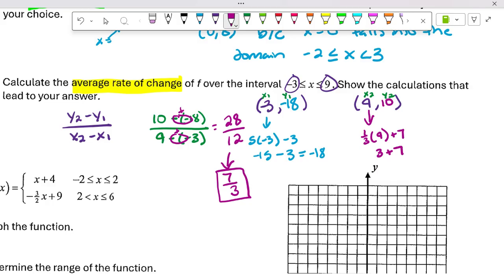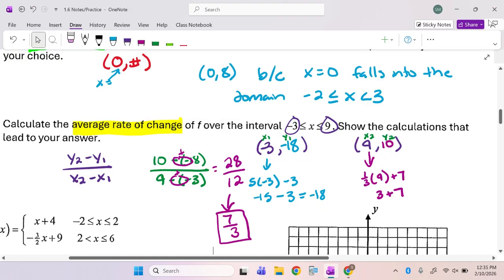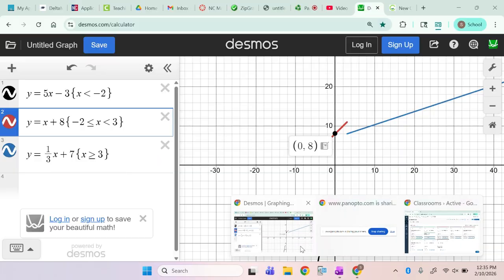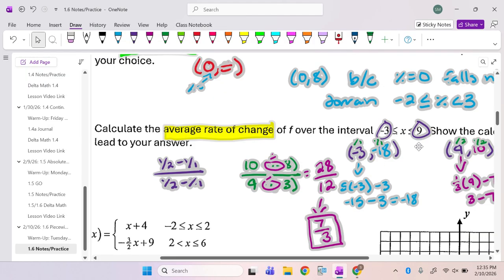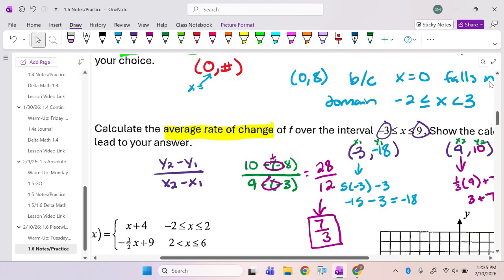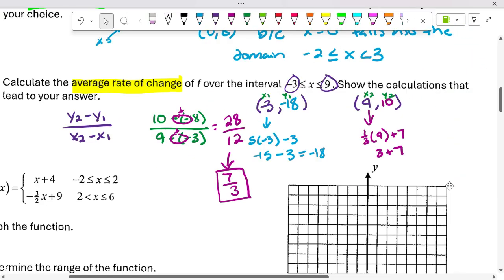Here's the easier way. The easier way is using Desmos. Okay? So, we know our two x values.